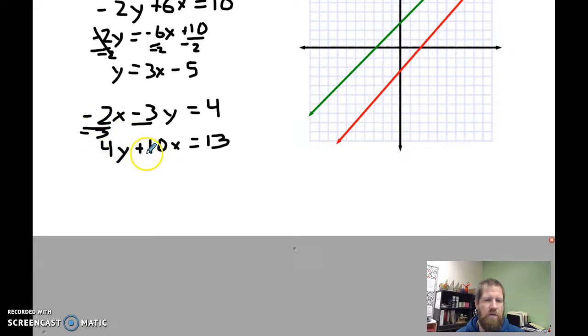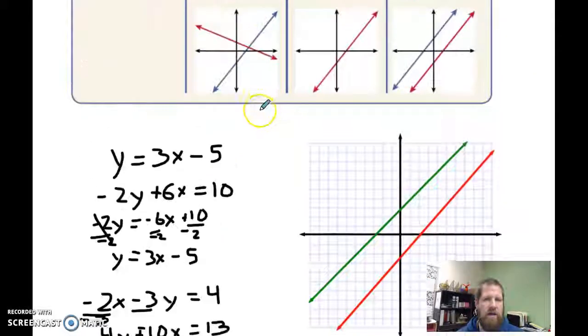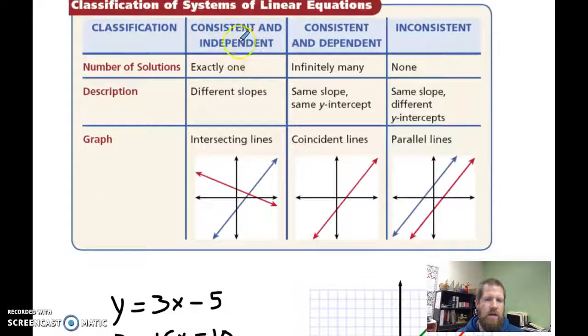For this one, if I move my x over, it would be -10, divide by 4, divide by 4, and I would have a -10 over 4, or a -5/2. There's no way that slope can be the same. So this has to be two intersecting lines, has to be a consistent and independent system.